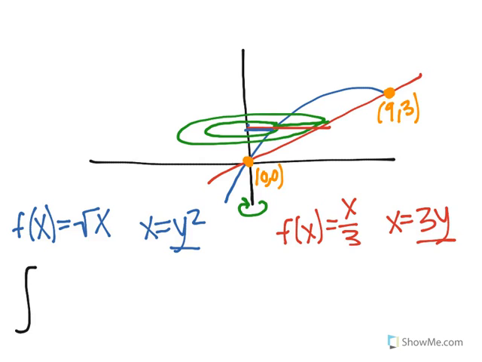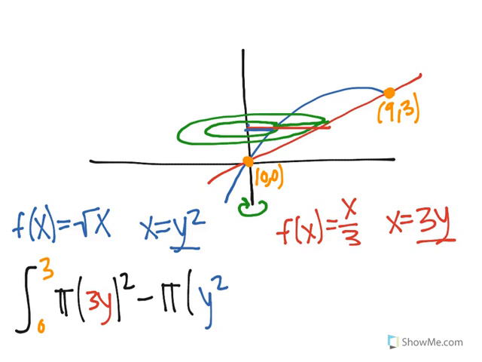Integral from 0 to 3 of pi big R squared, which is 3y, so it would be 3y squared, minus pi times little r, which is y squared, squared, dy. And this is equal to 162 pi over 5.